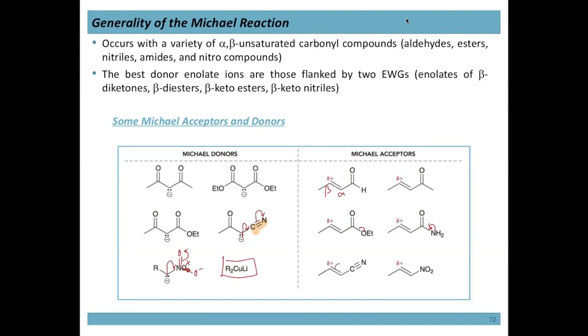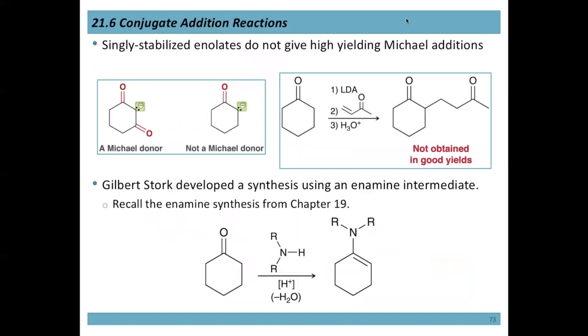And you can also have groups like nitriles that pull away electrons, or nitro groups that also have the option to pull away electrons there. But the key is you want this double bond in conjugation with a C double bond O, or in this case down here, a C triple bond N, or an N double bond O right there. So that's the generality of the Michael reaction.